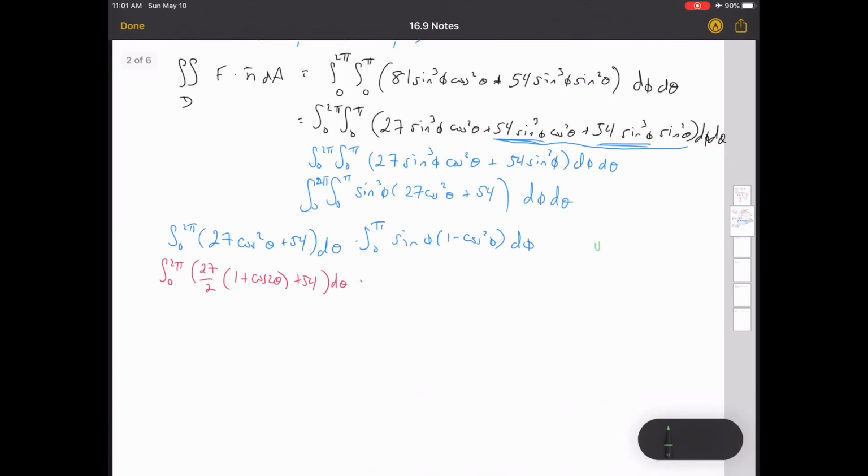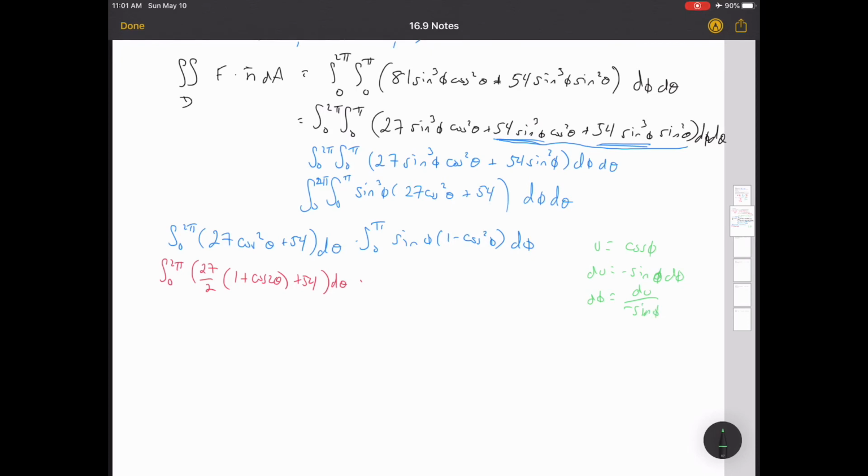So u here is going to have to be cosine phi. du is going to be negative sine phi d phi. So d phi is going to be du over negative sine phi.